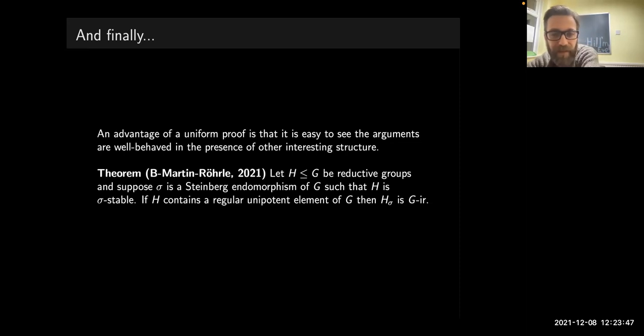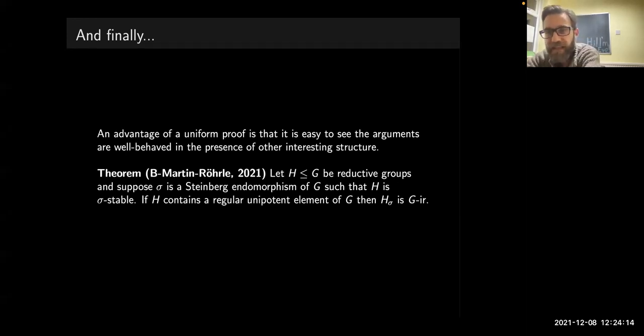Then if I hand you a subgroup H, which is also stabilized by this endomorphism, so sigma of H is H, and I tell you that it contains a regular unipotent, then its fixed point subgroup, its finite subgroup, is still irreducible. So this H sub sigma is now a finite group.